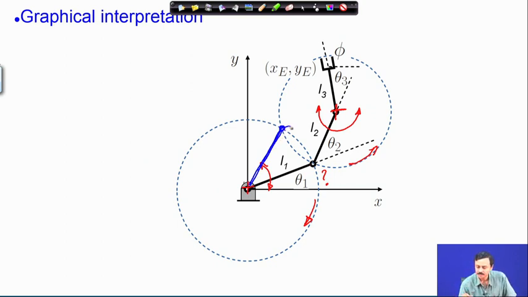So, this here is the revolute pair, the hinge, and in the blue configuration also this link remains fixed, this is fixed. So, one is the black configuration, the other is the blue configuration. So, these are the two solutions of the inverse kinematics problem.